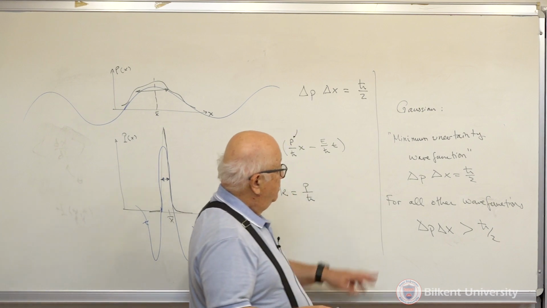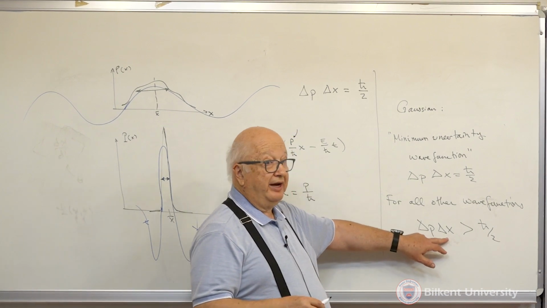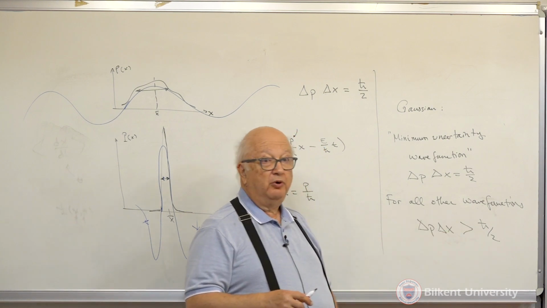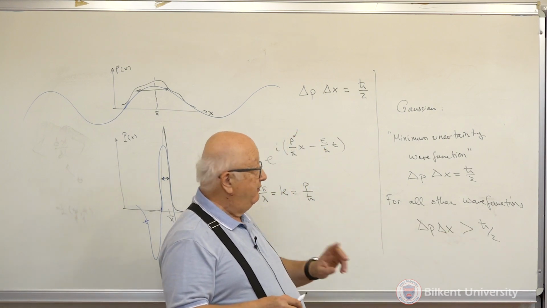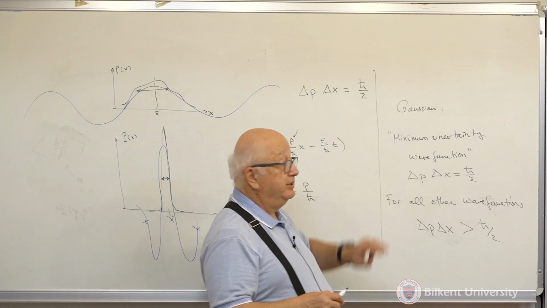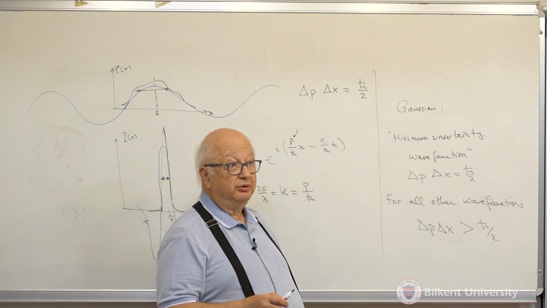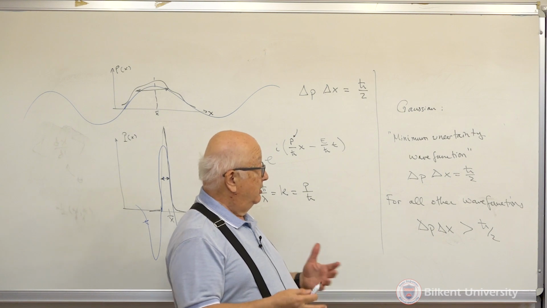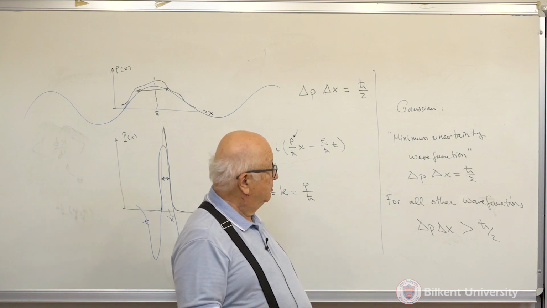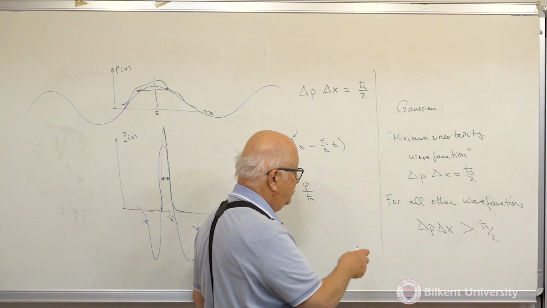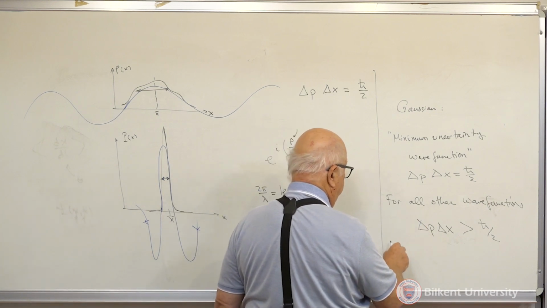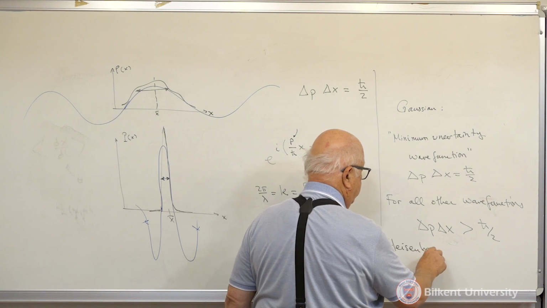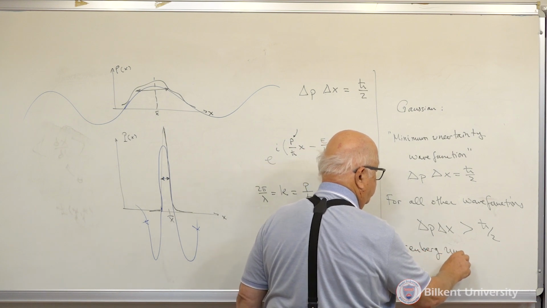So this relation is usually written as delta x delta p greater than or equal to h bar over 2. The only time when you have an equality is when you have a Gaussian. This Gaussian has some significance in statistics, and it comes up again in quantum mechanics. Very interesting. So this is associated with the name of Heisenberg. It's called the Heisenberg uncertainty principle.